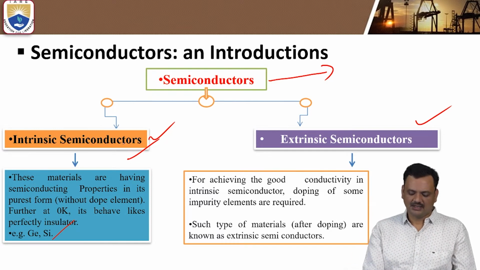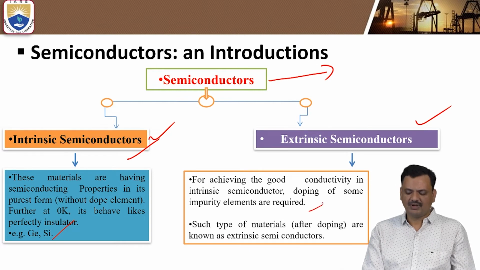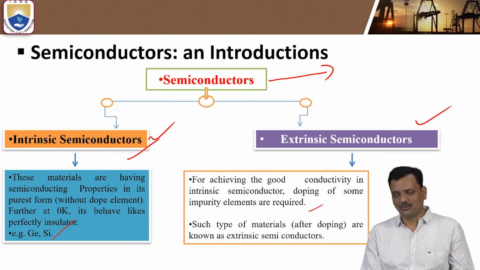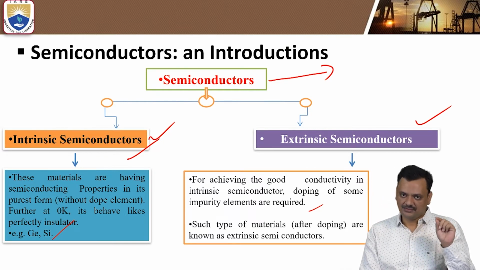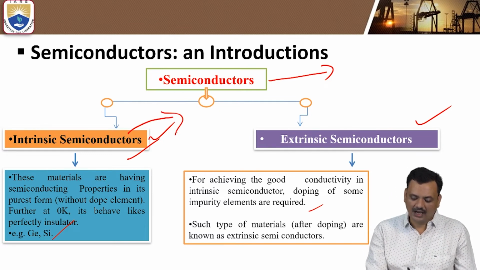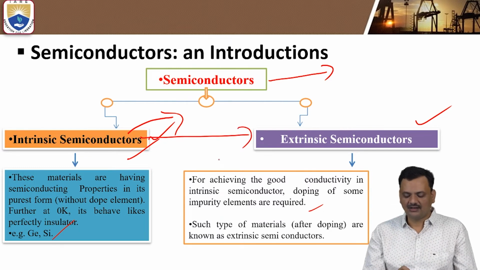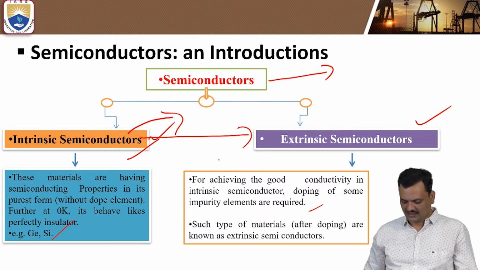So doping of some impurity elements is required. If we dope some impurity atom into an intrinsic semiconductor, then after doping, that intrinsic semiconductor is called an extrinsic semiconductor.